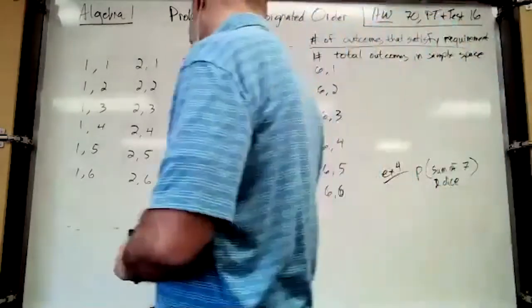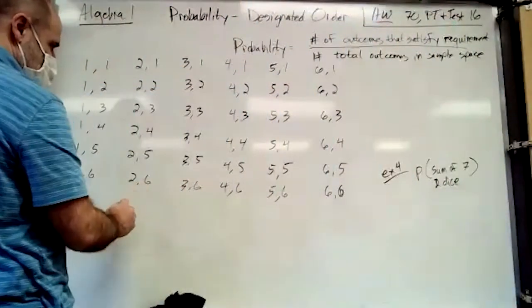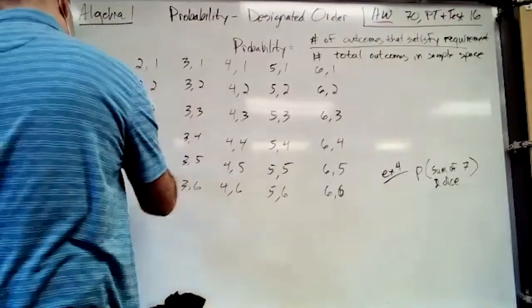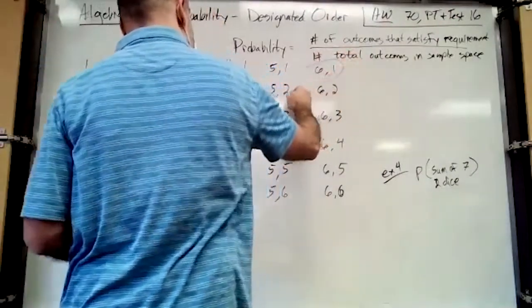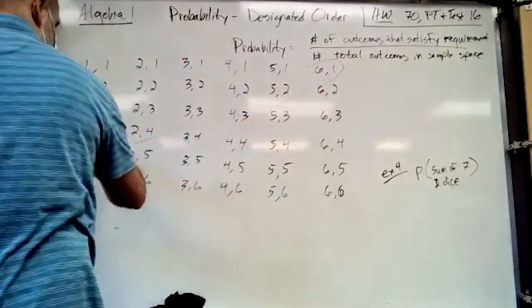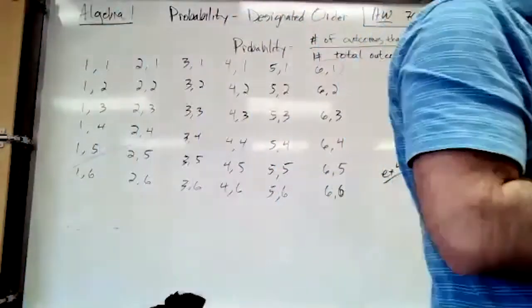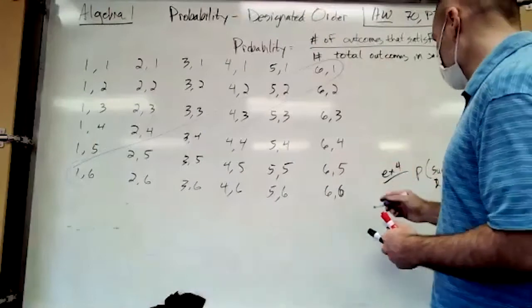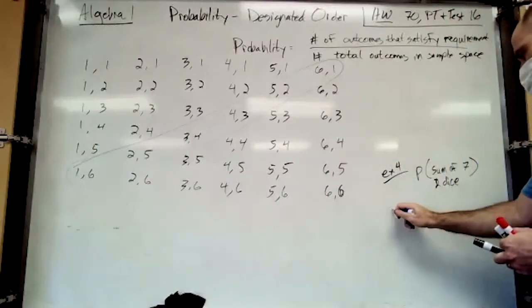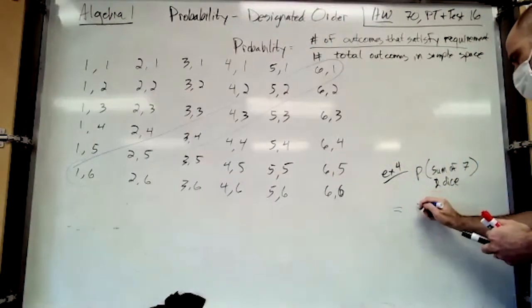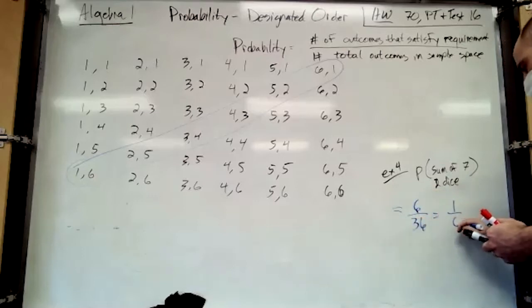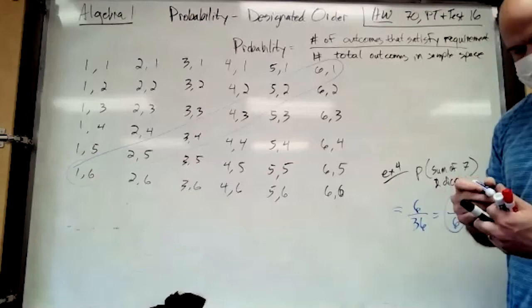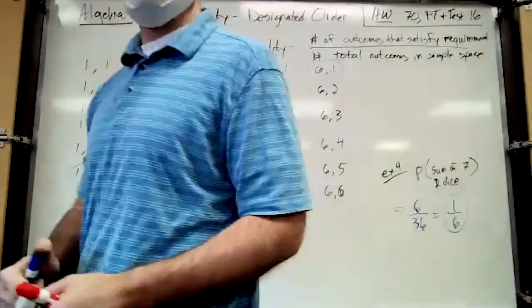Dude, it makes a line. It does make a line, which is nice, isn't it? So you get this cool looking line there. That adds up to 7, and that's 6 out of 36, which reduces to 1/6. Isn't that cool?